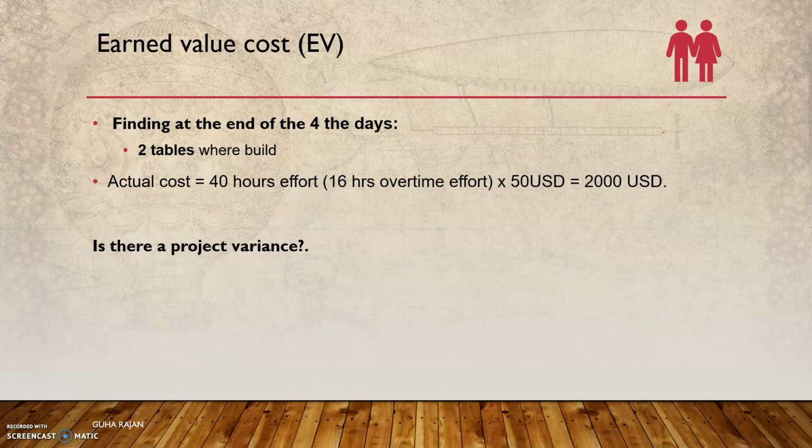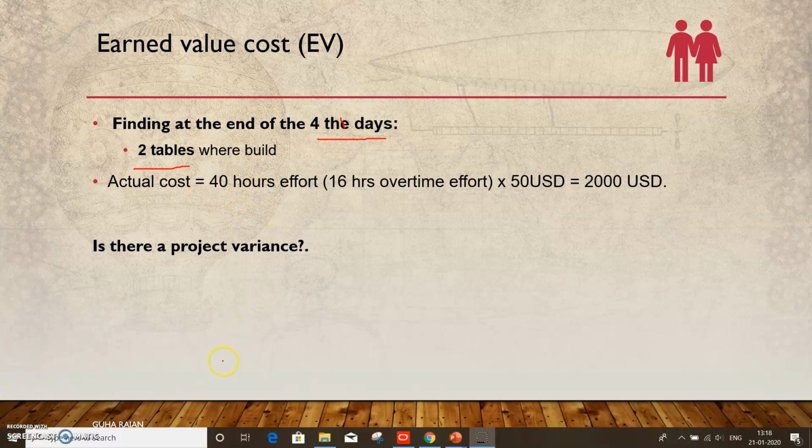So now, when you execute, maybe you are a project manager with multiple projects. You come back at the end of the 4th day, and you find only 2 tables are done. Four days are complete, and only 2 tables are completed. The contractor has said that instead of 4 days, it needs to be 32 hours.